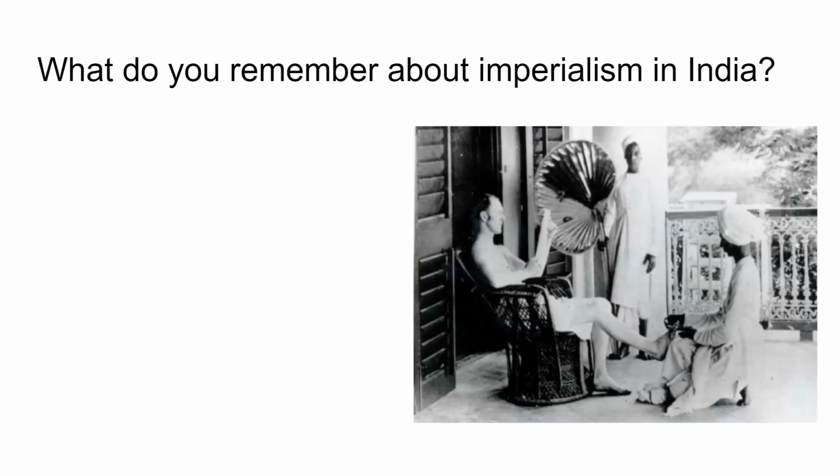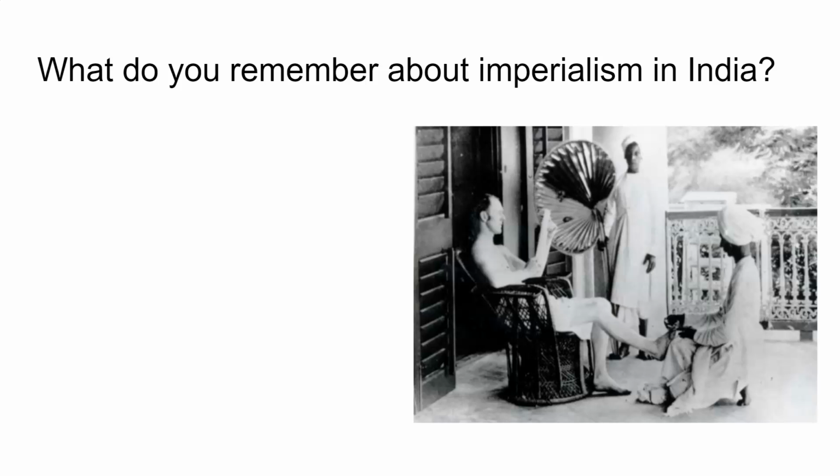And moving forward into our imperialism unit, which we talked about a couple weeks ago, what do you remember about imperialism in India? So looking at this picture, you see a white man sitting in a chair. He's having his feet tended to by an Indian. There's another Indian standing in the background. Both Indians are dressed in traditional Indian garb with headdresses on.